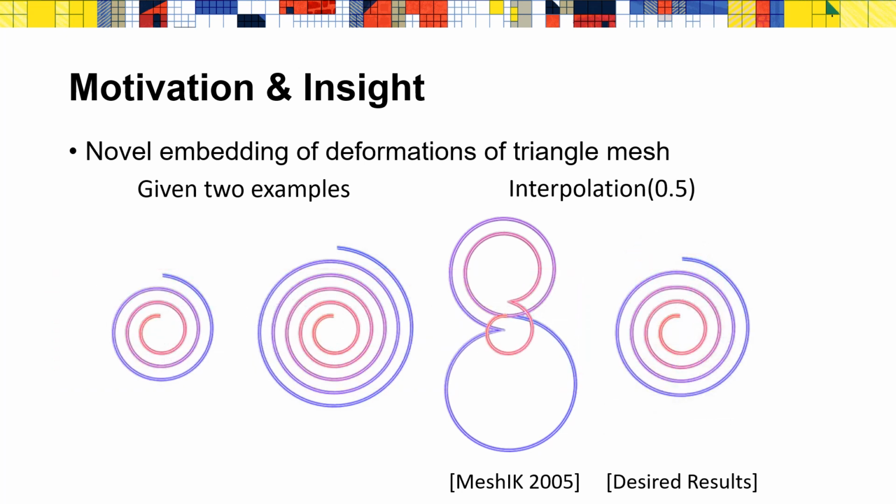The desired shape is much more reasonable, like the right figure in this slide. So we want to develop a deformation representation that could handle very large-scale deformation but does not have this ambiguity.